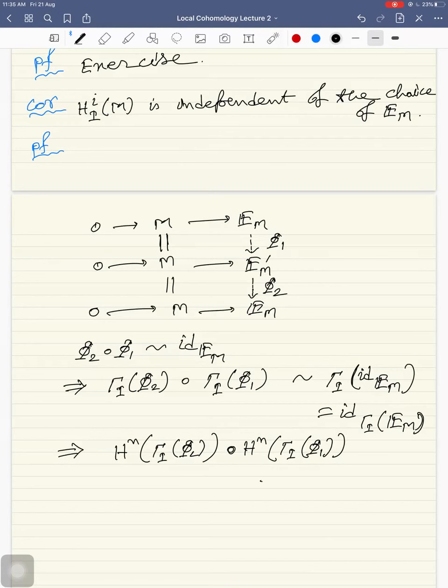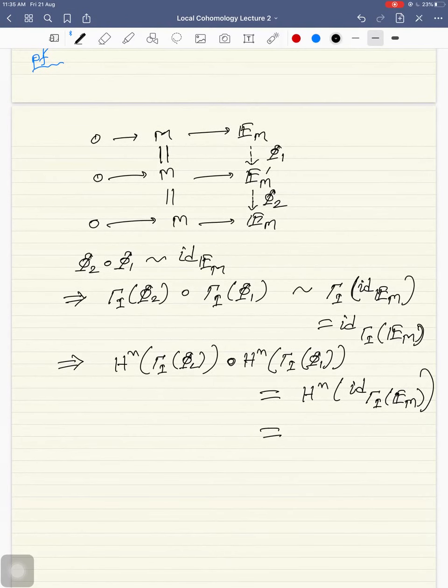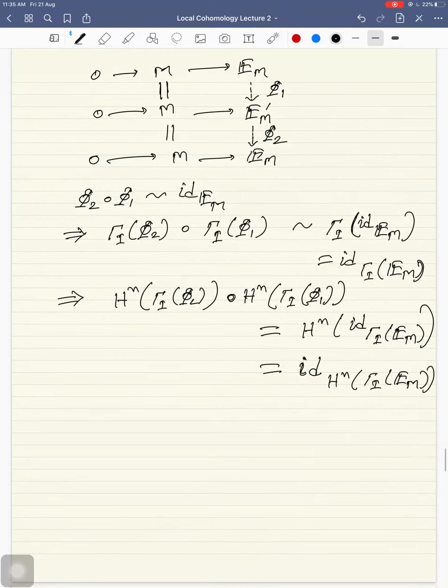Yeah. So it is the same as taking this. Since here you are taking cohomology, for this identity map on the quotient complexes, you will get the identity map on the cohomology level. So you should verify each and every statement here. I am just writing it here.